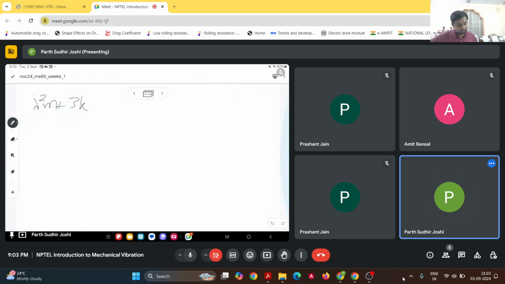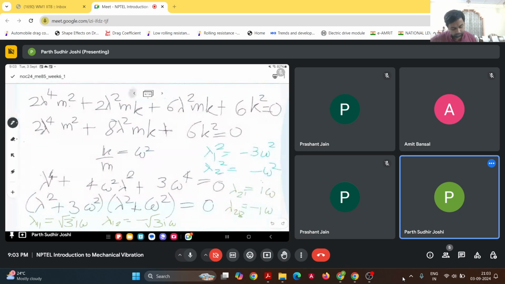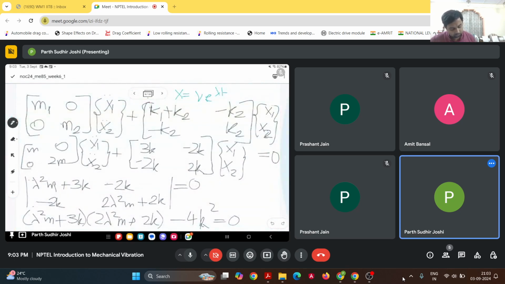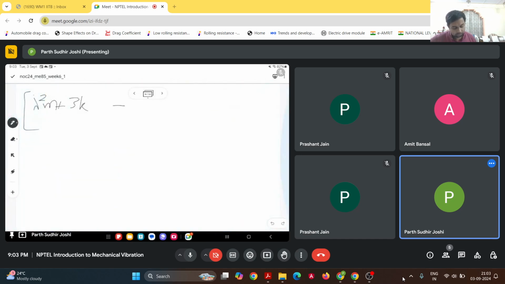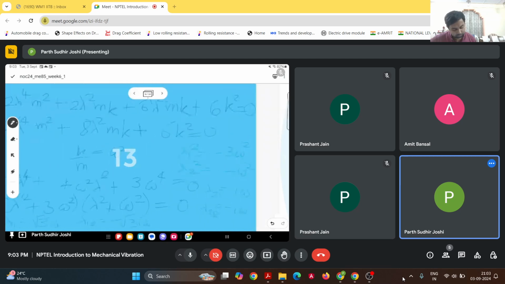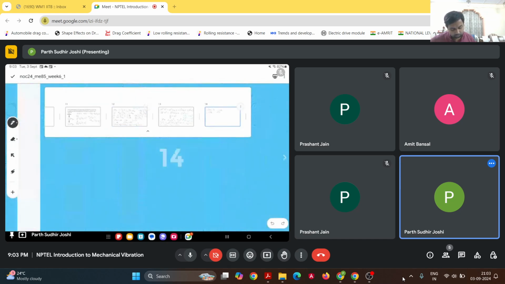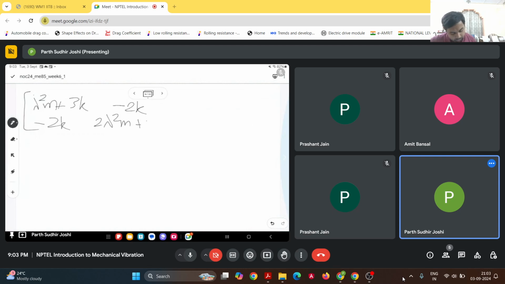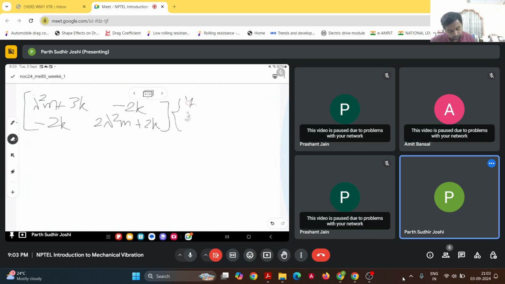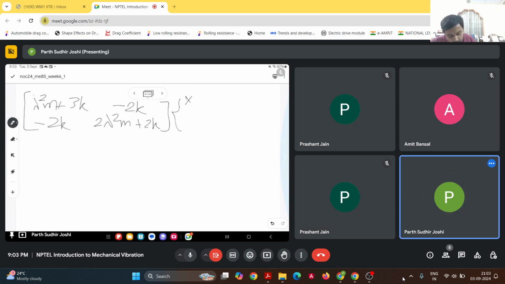What we are essentially doing is, we have this equation in terms of x1, x2.